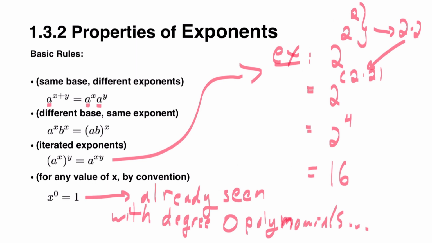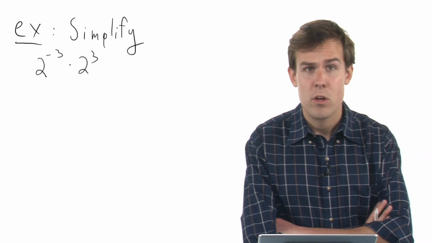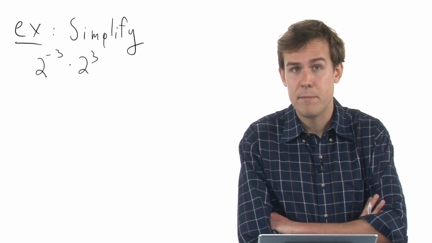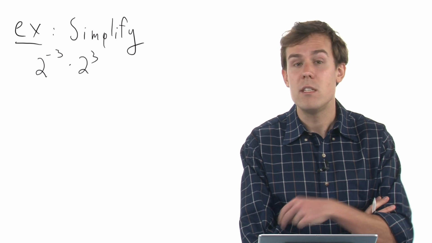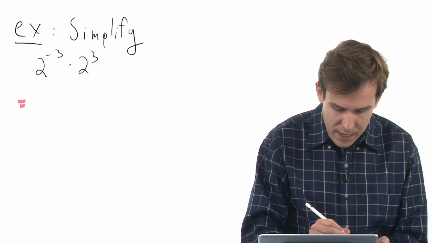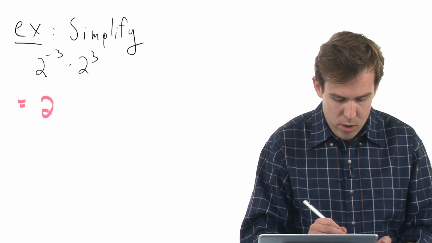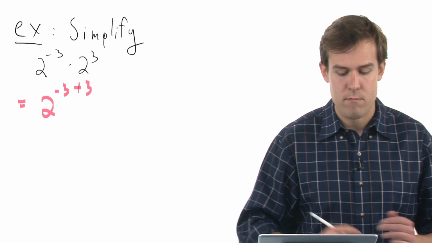Now what I would like to do is look at a variety of examples that illustrate how these rules can be applied. So let's start with something relatively simple: 2 to the minus 3 times 2 to the 3. This is the same base, different exponents. So this is equal to 2 to the minus 3 plus 3.